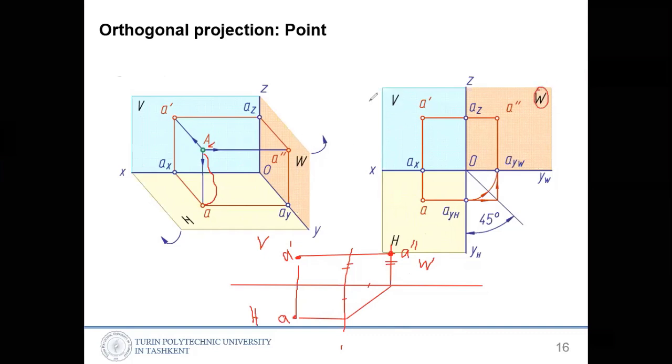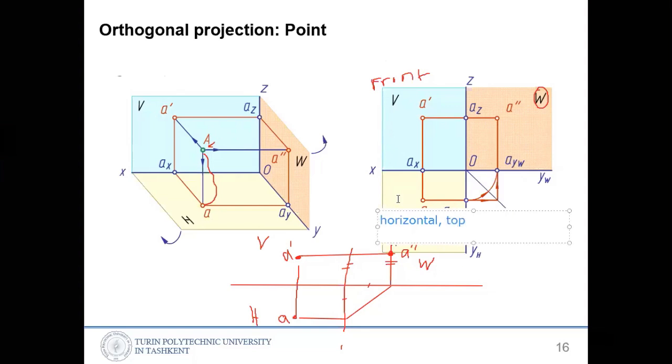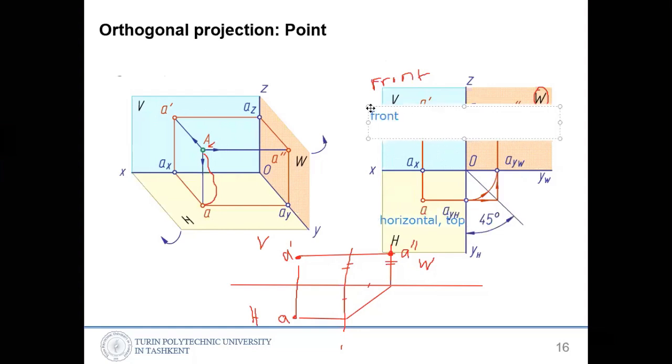Let's repeat. The V plane is the front plane, frontal or front. The beige one is the H plane, horizontal or top plane. And W is the profile plane.